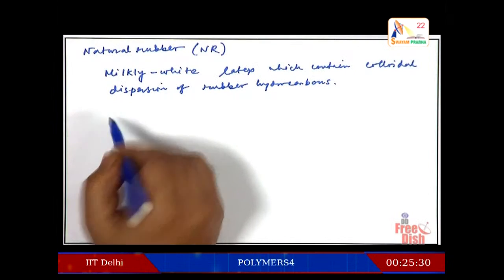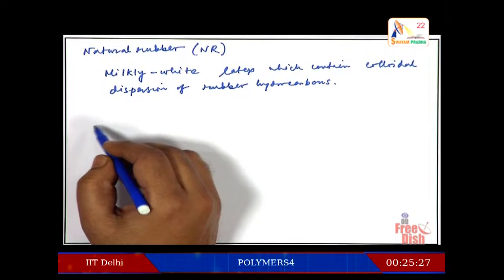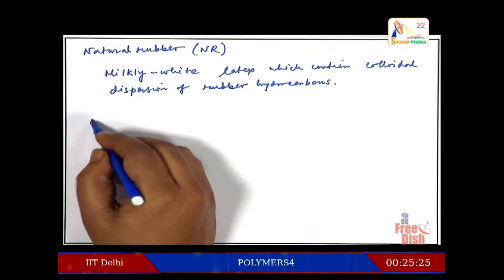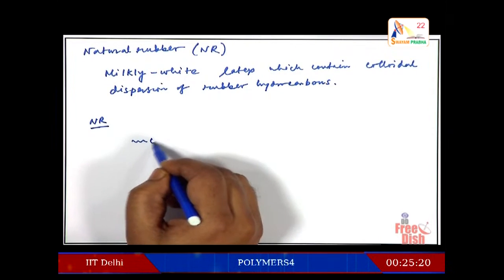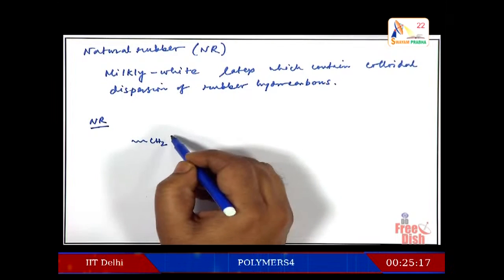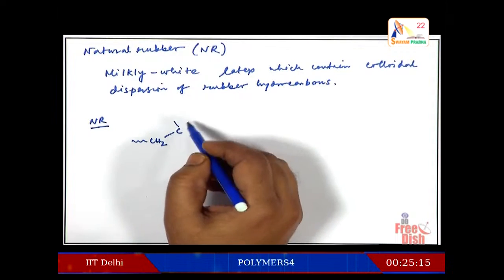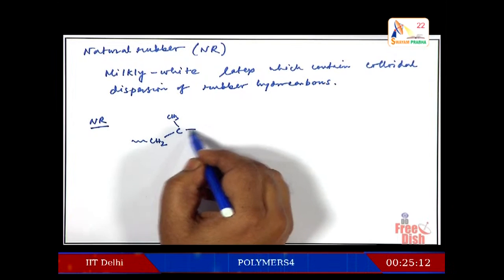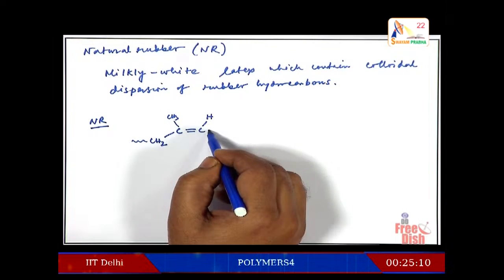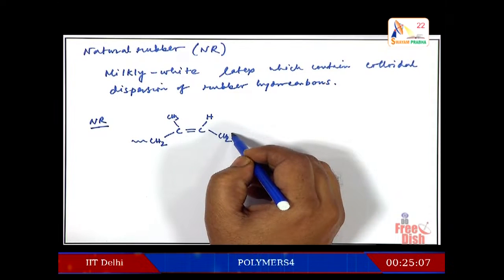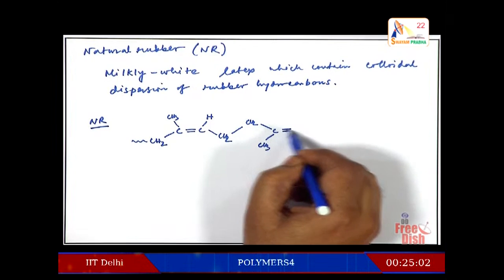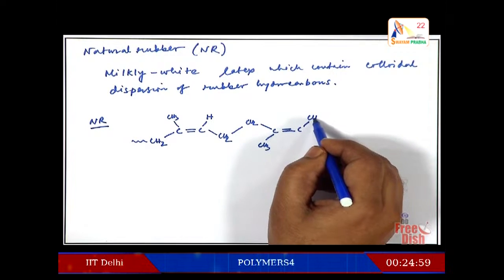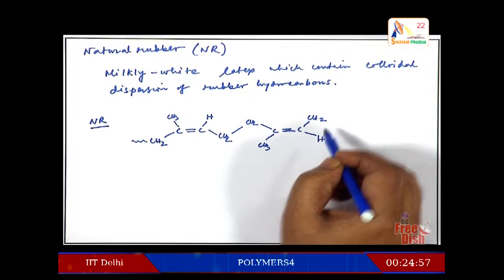It is basically useful, and if you look at the chemical structure of natural rubber, it is like this. This is a natural polymer.